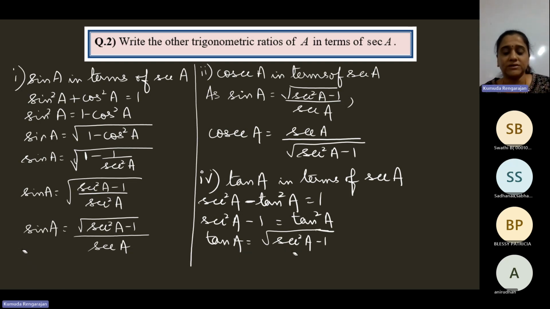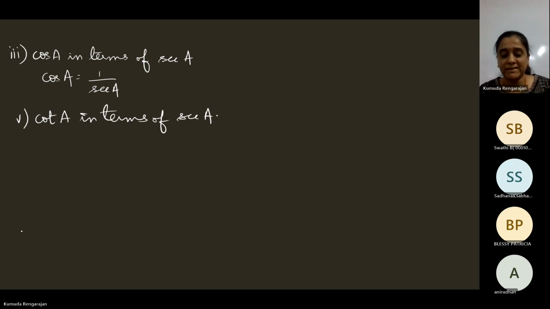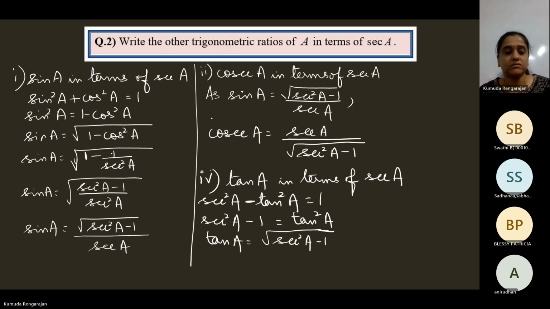Okay, then finally cot. Cot A in terms of secant A. So what is tan?